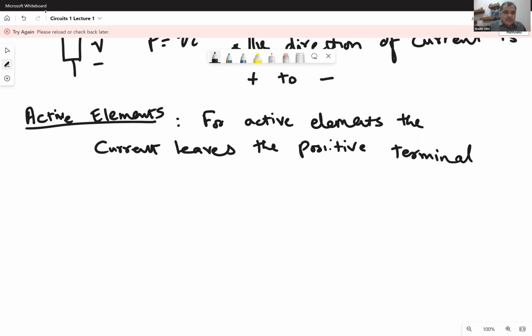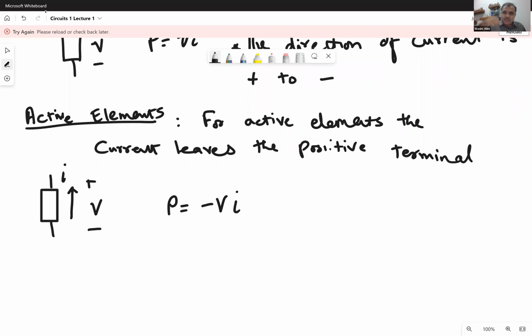So in other words, if I show my voltage like that, the current is going to be in this direction, meaning it is leaving the positive terminal of that active element. So when we describe the power, again, it's going to be minus VI.